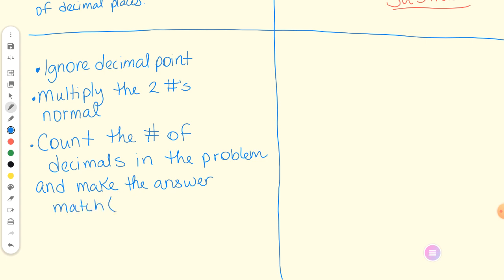And in parentheses, we're going to put start at far right. And again, that won't make sense till you see it. When you see it, you're like, oh, that makes sense. Okay, count the number of decimal places in the problem and make the answer match. Meaning, if there's 3 decimal places in the problem, your answer has to have 3 decimal places. Okay, if there's 6 decimals in the problem, 6 decimal places, how much does your answer need?